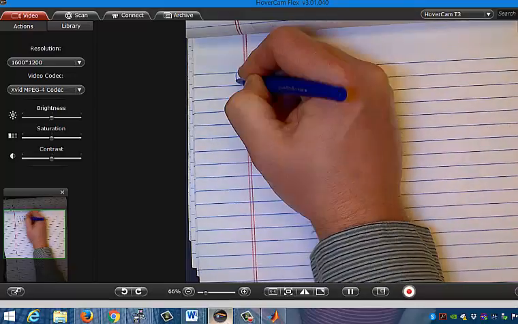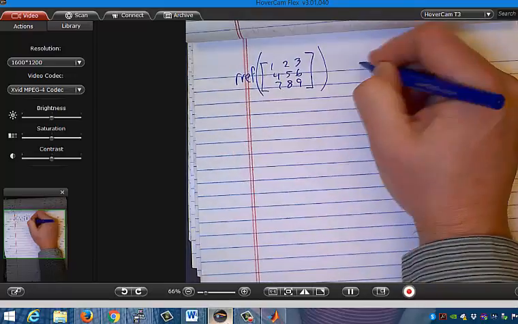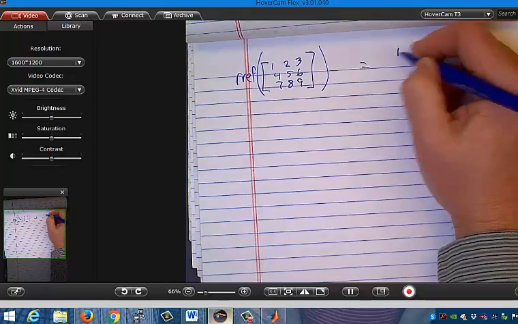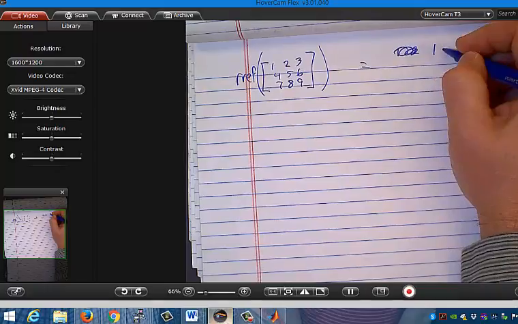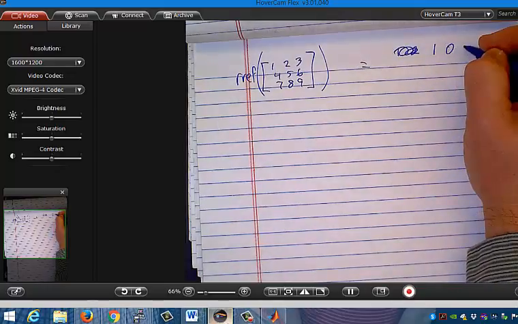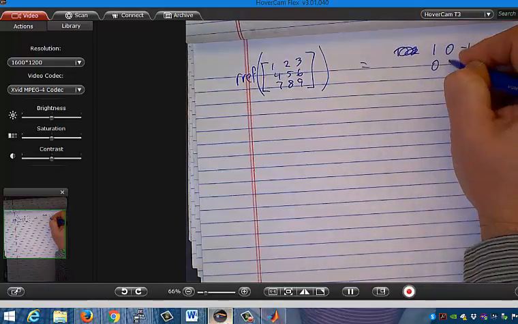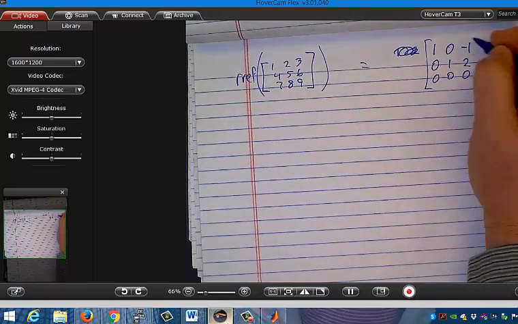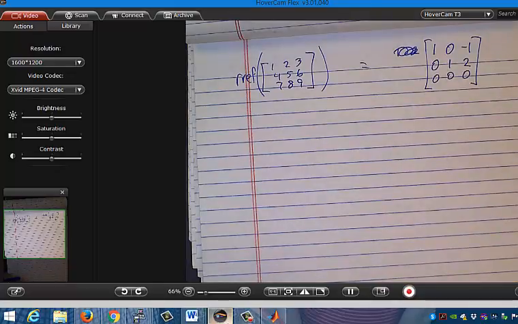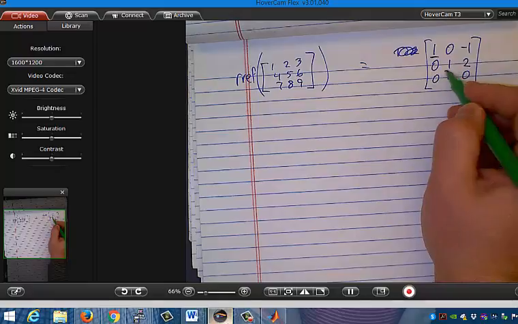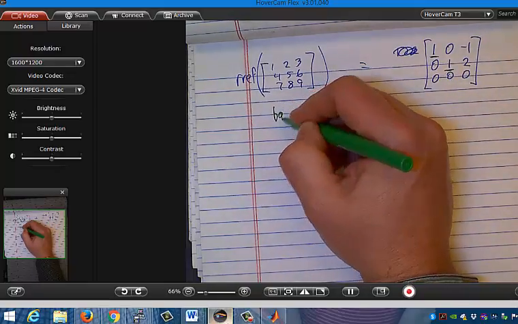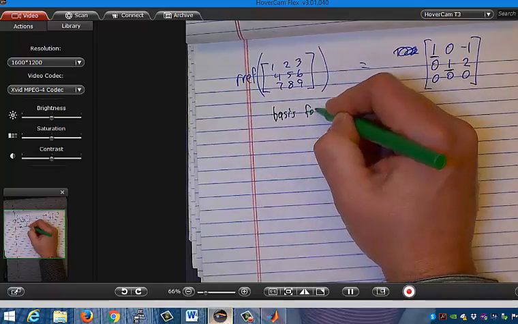And then I did reduced row echelon form of this, and I got 1, 2, oh no, we actually did it all the way. So we got 1, 0, negative 1, and then 0, 1, 2, and then the last row is all 0, 0, 0. So it would be the first 2 columns you would use for your basis, because that has the leading coefficients of 1. So we could say a basis for the column space, is that what you're asking?